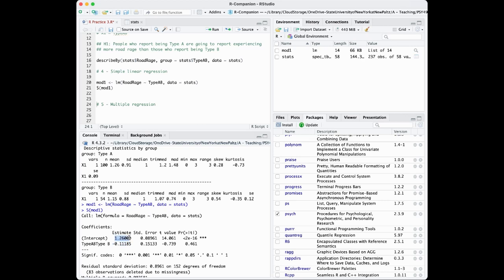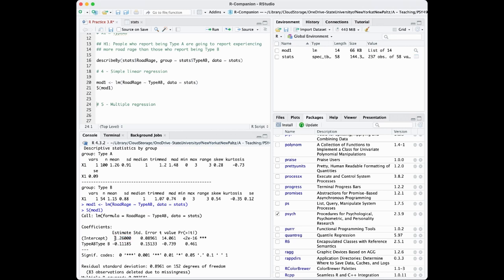Remember when we talked about dichotomous variables, that if you have a simple linear regression, the intercept is telling us what our predicted y score is when x is 0. Well, x is 0 means type A, because R codes the first group as 0 and the second group as 1. So this is exactly equal to the mean of our type A group.